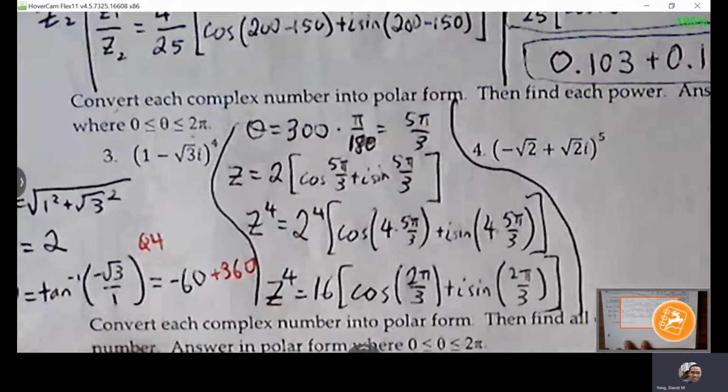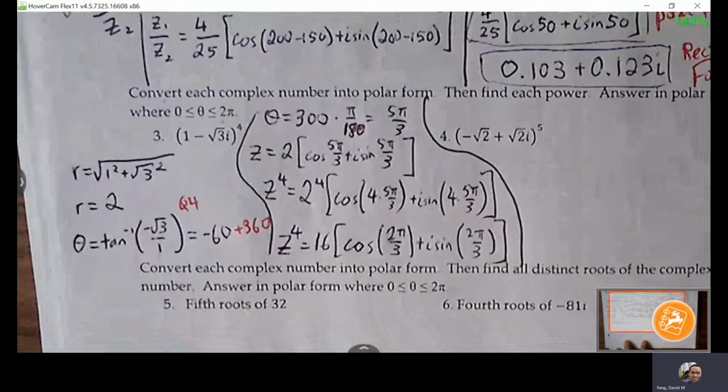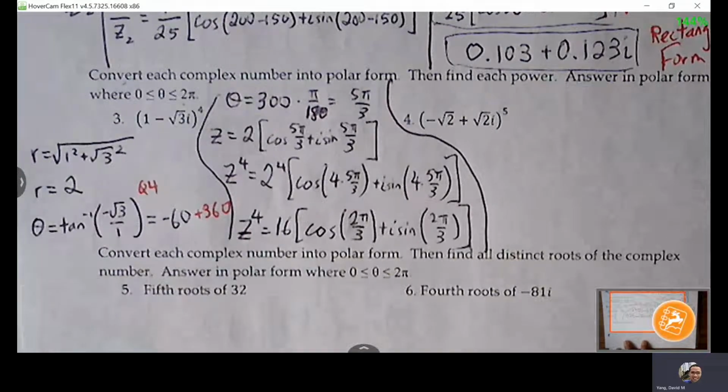So try number 4, and I will work through the steps for number 4 once you guys get going.